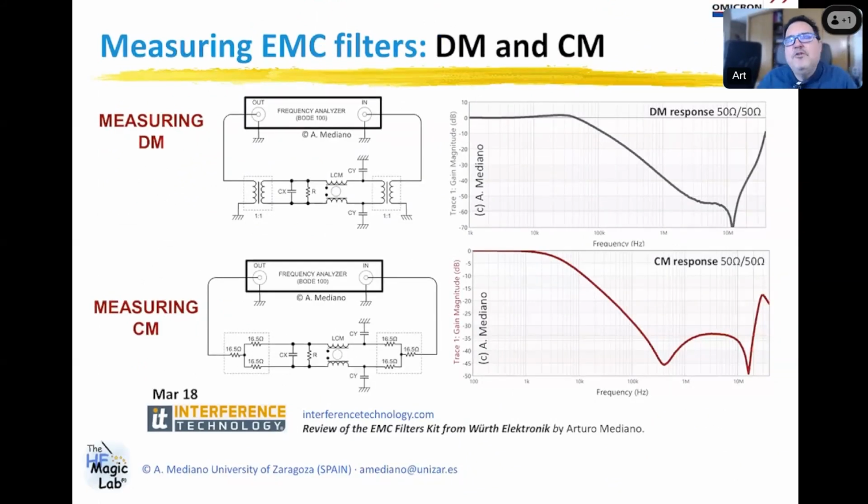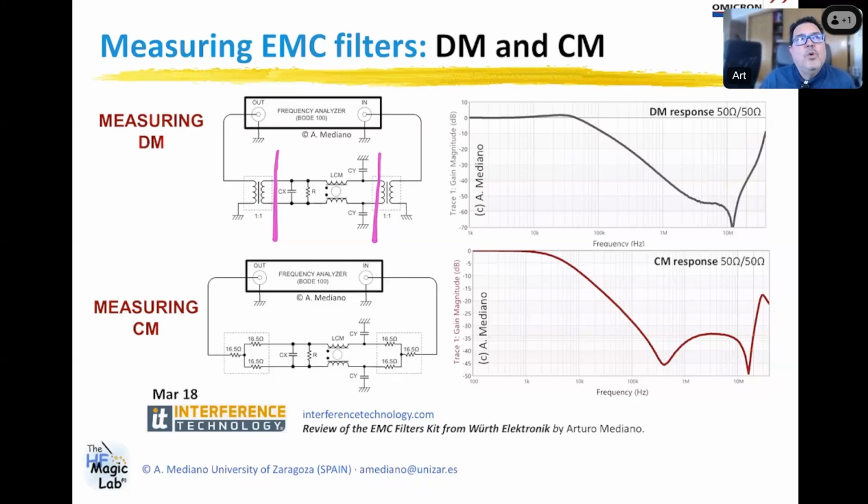And I have introduced this technique that is very useful to combine with your analyzer, to be able to measure differential mode or common mode and plot the response in S parameters format or in the format you prefer. In the top view, you will see that I am using two transformers. These transformers give me the possibility to introduce the filter in the middle.